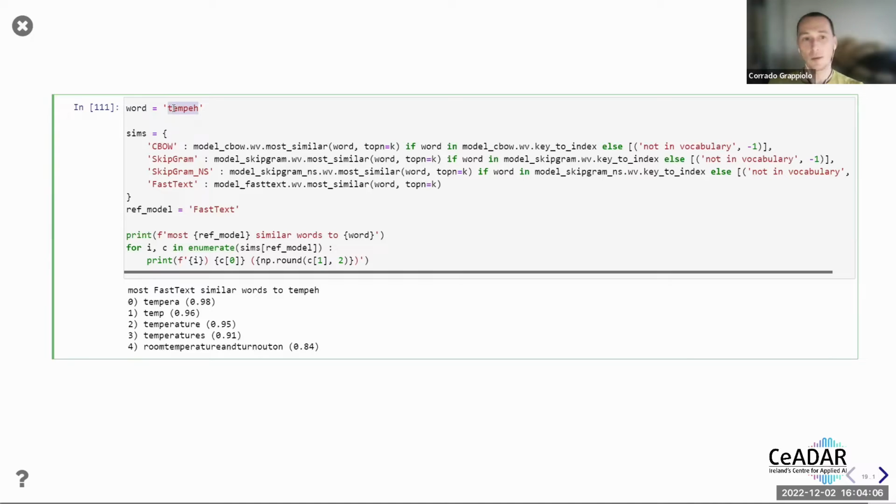Imagine we have these word embeddings trained on, I don't know, the whole World Wide Web. And then we want to use them to generate recipes. And we generate a recipe that says, add tempera or add paint to the pot that contains, I don't know, carrots. Are there any consequences to it? Maybe it's something that we can discuss later.